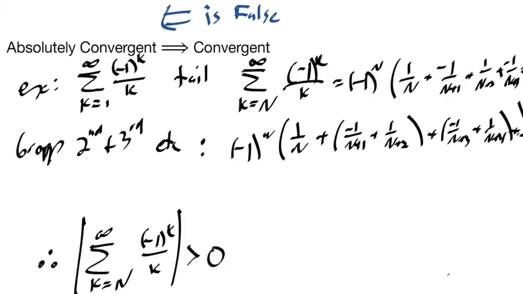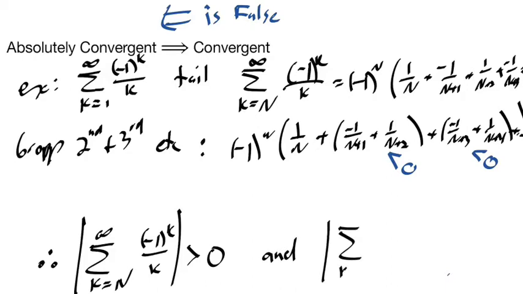Now, using that same logic, this term now must be less than 0. And that term must be less than 0. So every term here has to be less than 0 because again, my negative term is bigger than my positive term. So therefore, that's the case.